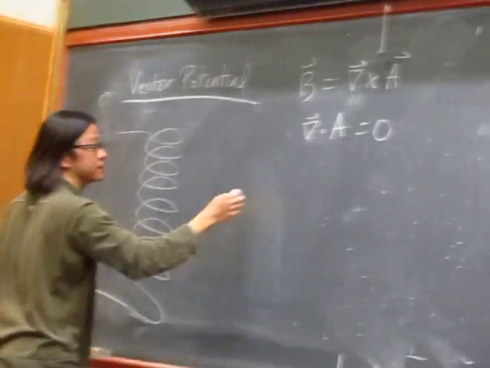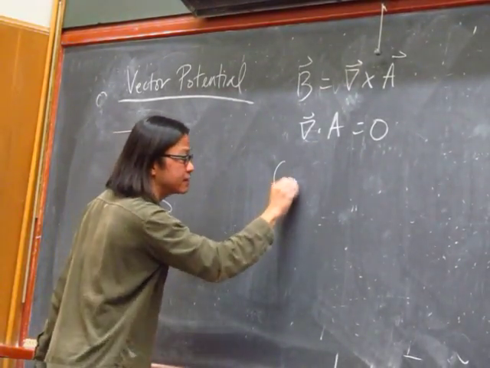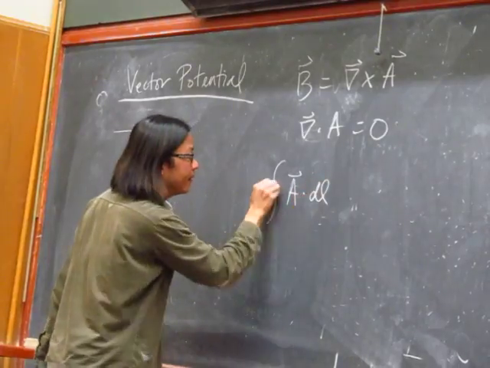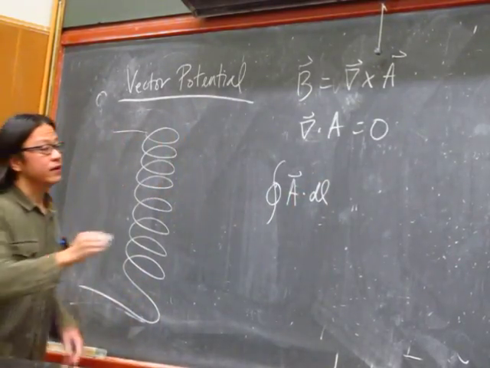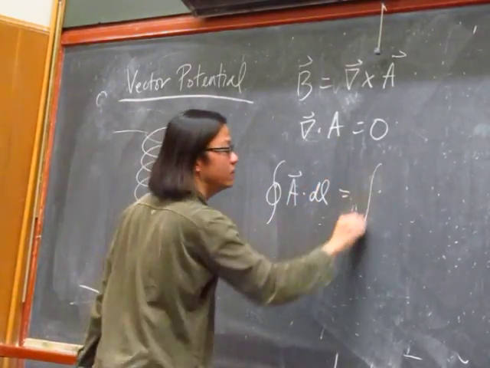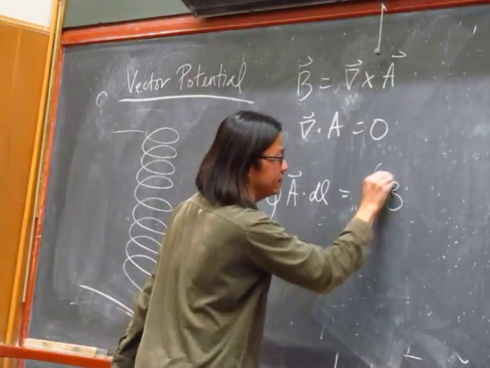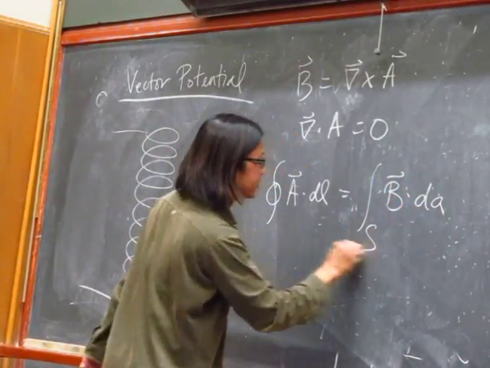for this particular case of a solenoid that the line integral of A over a closed loop is equal to the flux of B dA through the surface of the loop.